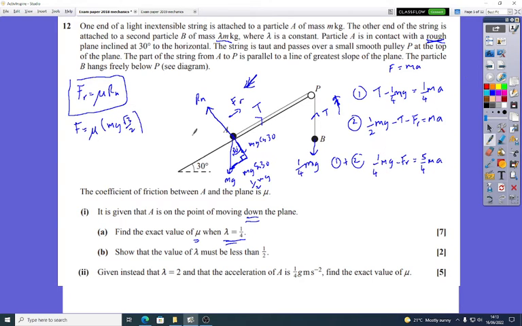So I'm going to replace friction by this. So I've got a quarter mg minus mu times mg root 3 over 2 equals 5 over 4 mg.